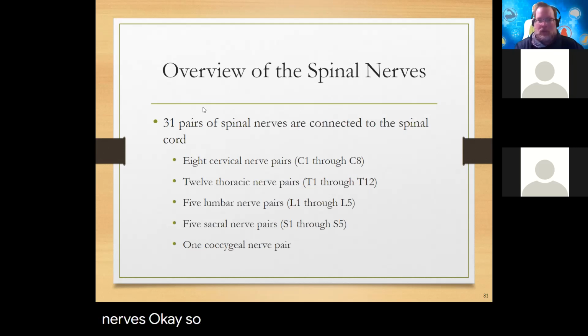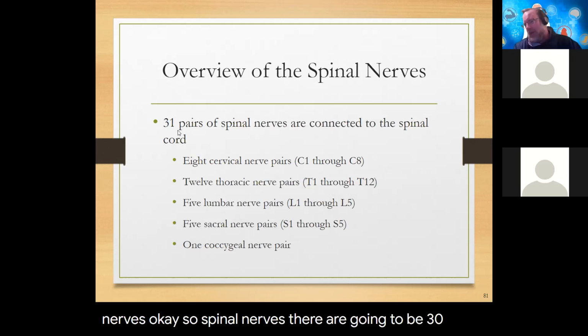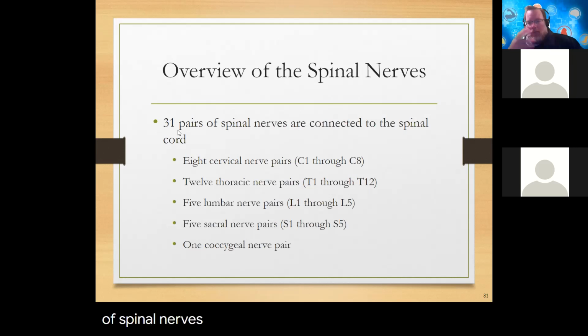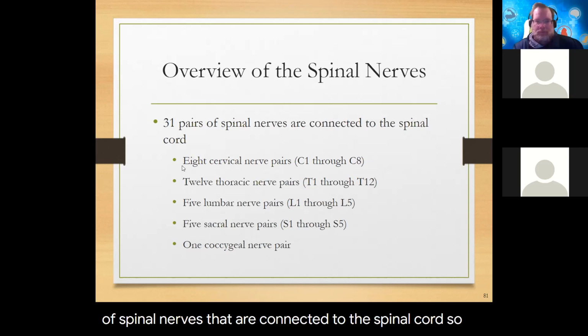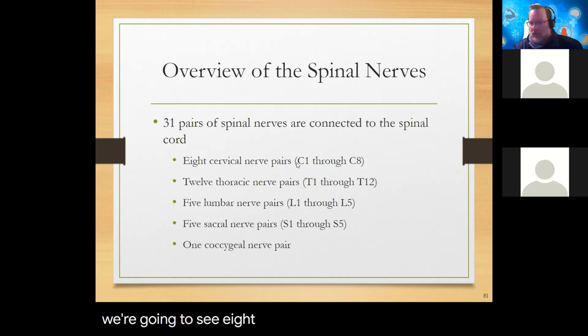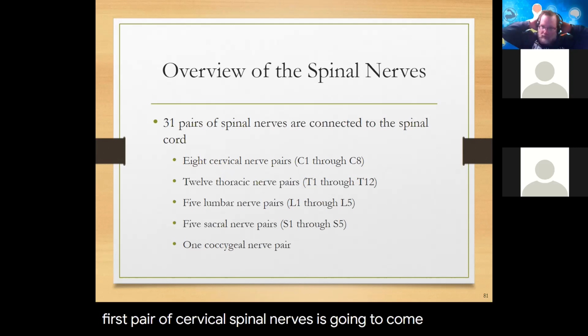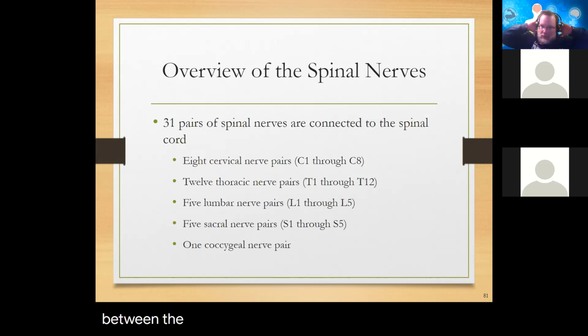Okay, so spinal nerves, there are going to be 31 pairs of spinal nerves that are connected to the spinal cord. Okay, so we're going to see 8 cervical nerve pairs. Basically, the first pair of cervical spinal nerves is going to come off between the occipital bone, where the occipital bone ends, and the atlas begins.